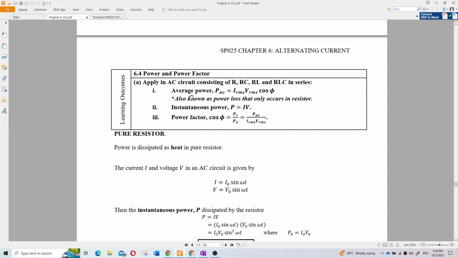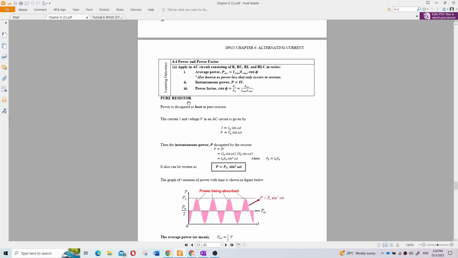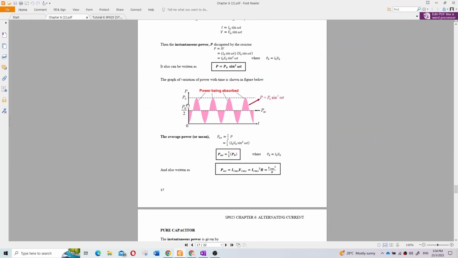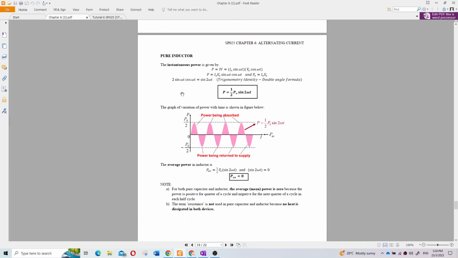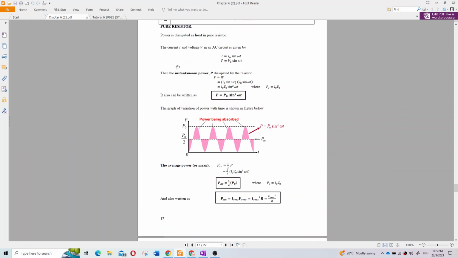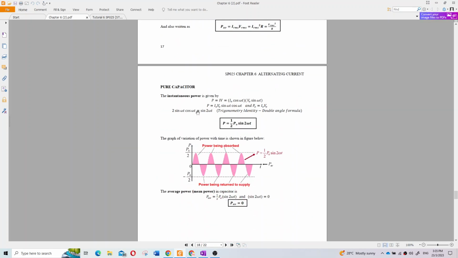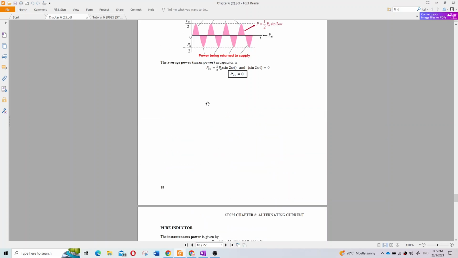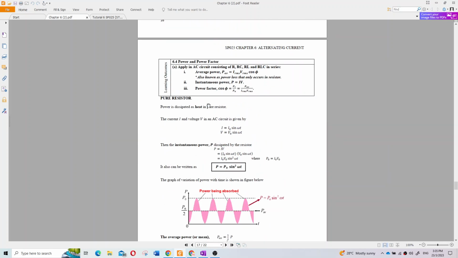So let us first look at average power and instantaneous power. Also refer to these three things: pure resistor, pure capacitor, and pure inductor. We go one by one.